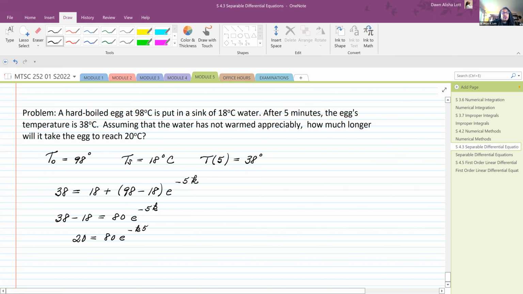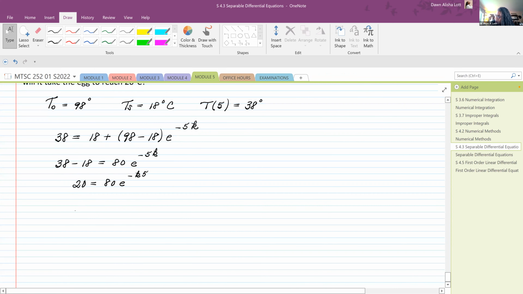So now I'm going to divide and get 1 over 4 is e to the negative 5K. And now I'm going to take the natural log of both sides. So that gives me the natural log of 1 over 4 is going to equal negative 5K.